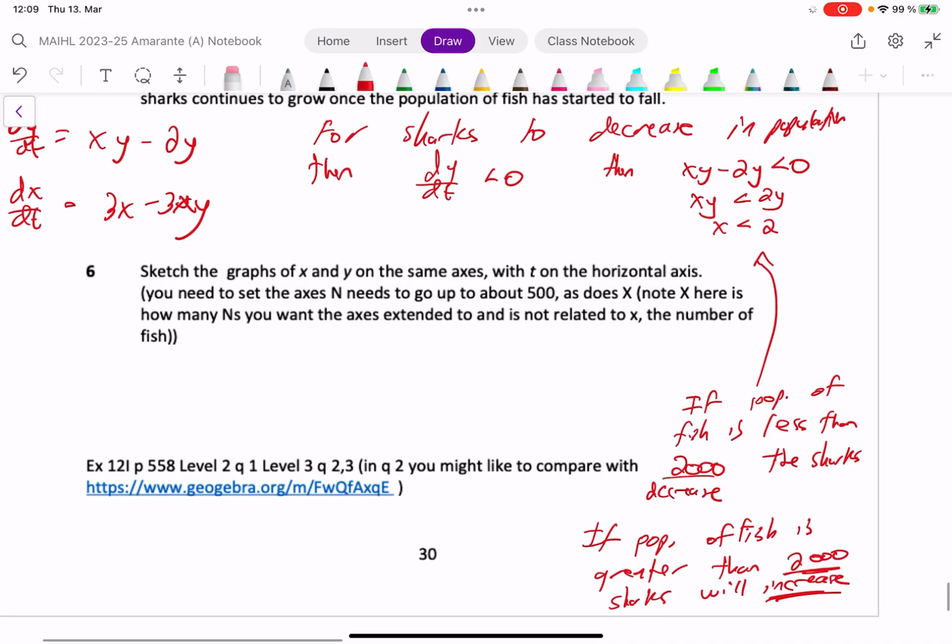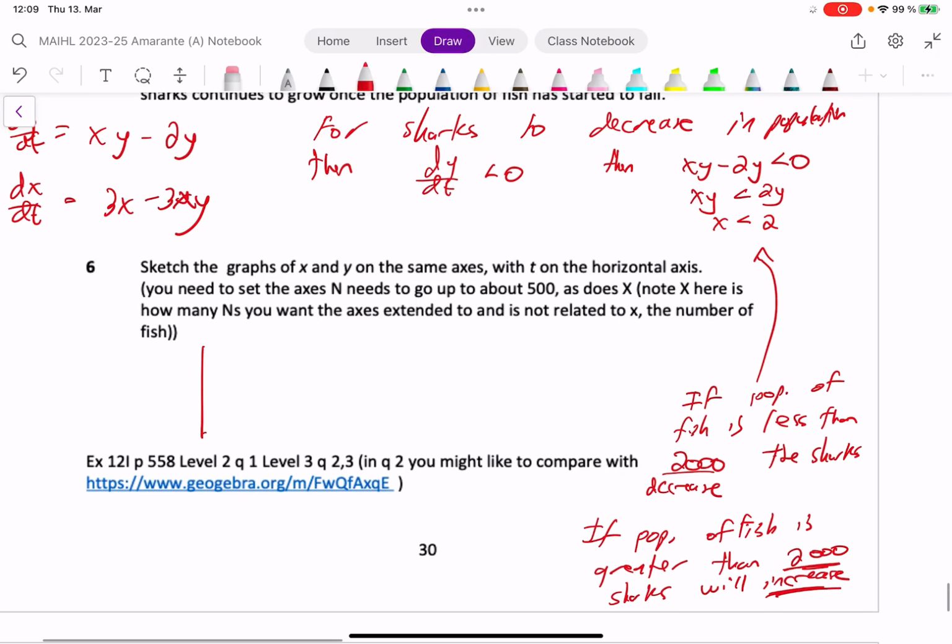You're, again, not really going to be asked to do these, but let's take a look at it. So if this is time on here, and these are our populations, we're saying, okay, well, what's happening is the population of fish, for example, we don't have to be super accurate, are doing this.